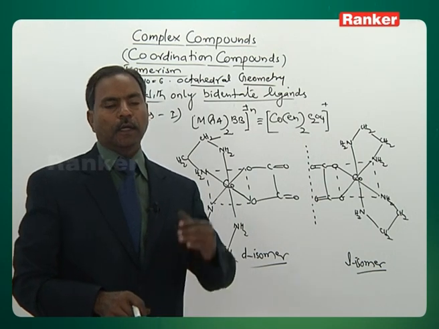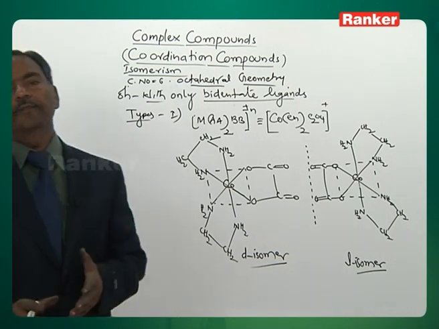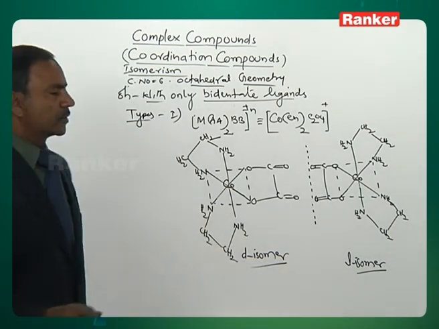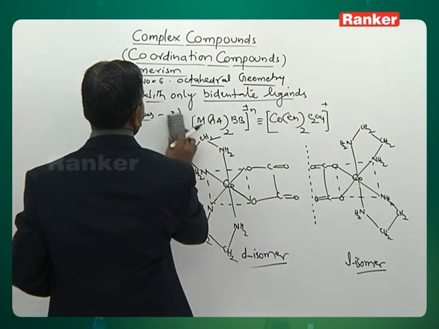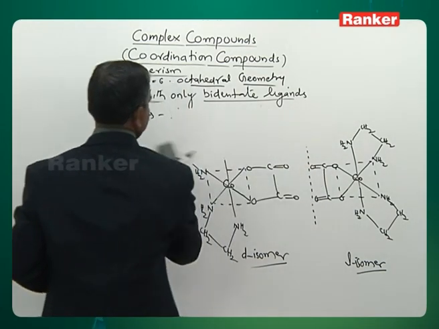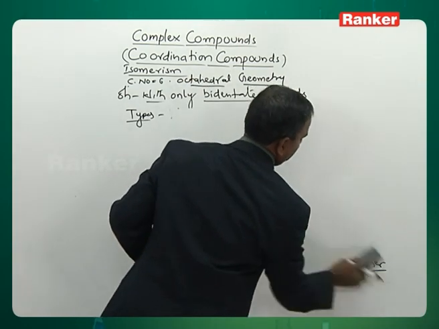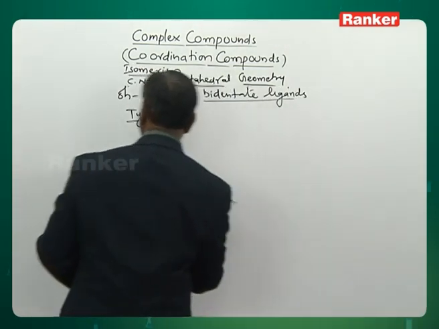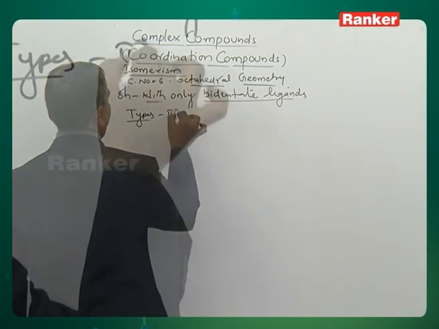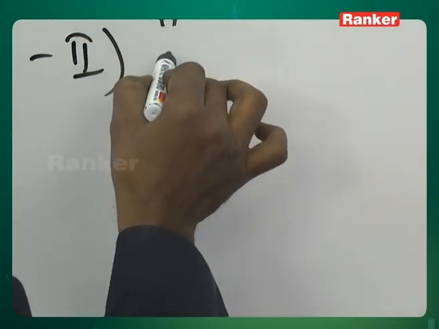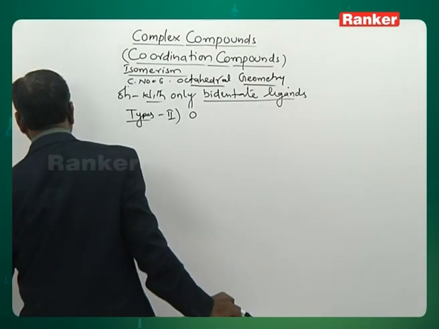Next, octahedral geometry with the hexadentate ligand we take with EDTA. Octahedral geometry with hexadentate ligand also found to be optically active. The next one, let us consider this as type 2, right? Octahedral geometry with only bidentate we have taken.